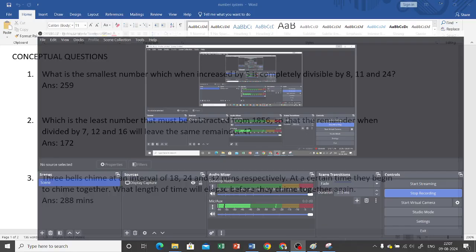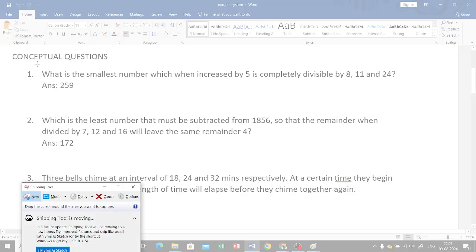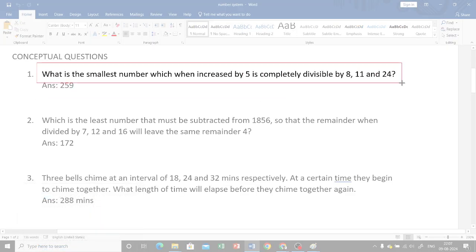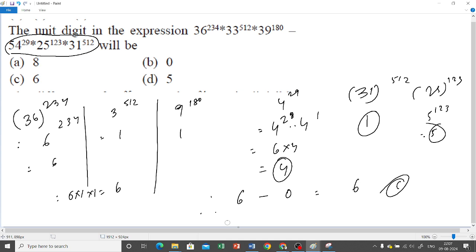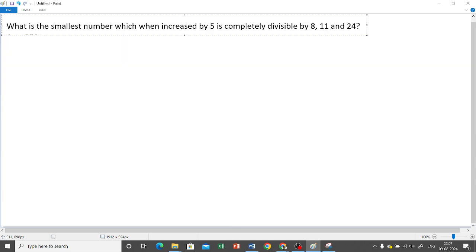Now we will do some conceptual sums. These conceptual sums have been taken from older CAT papers. The CAT questions are evolving and the papers are becoming difficult, and the old CAT questions from 2001, 2002 are becoming very relevant for bank PO, SSC CGL, and other MBA entrance exams, because CAT is considered the toughest.